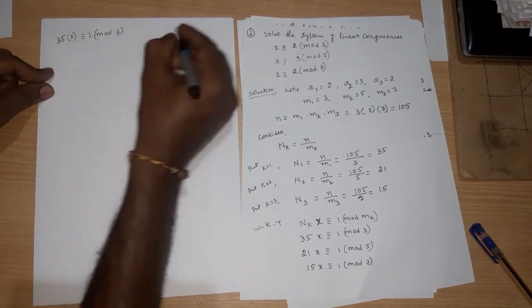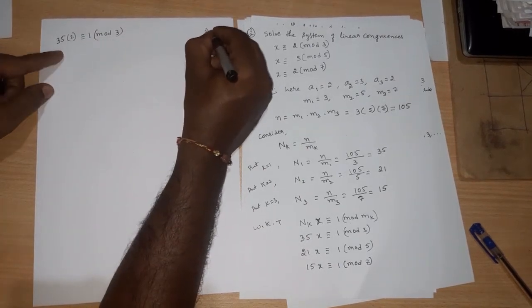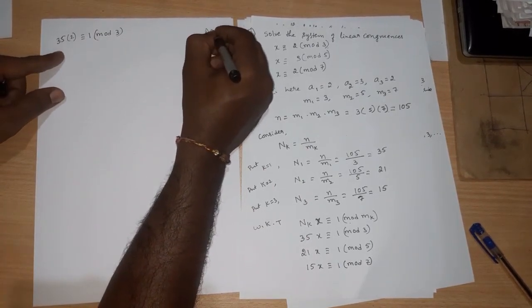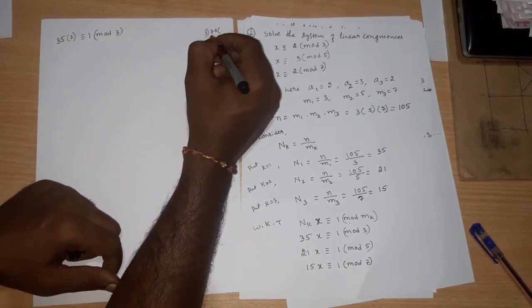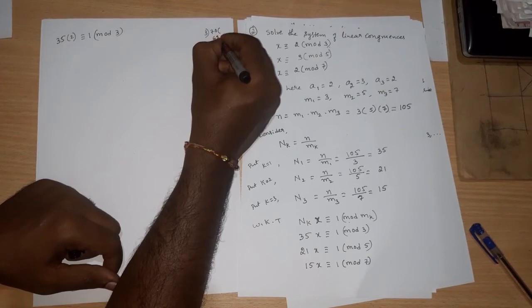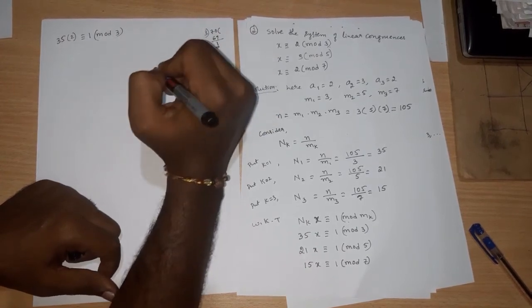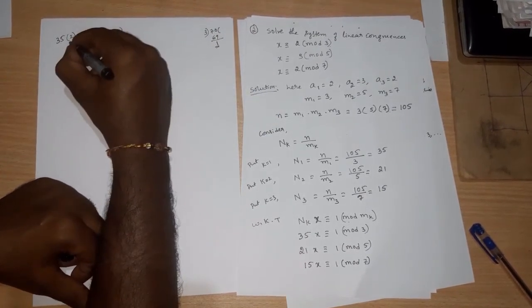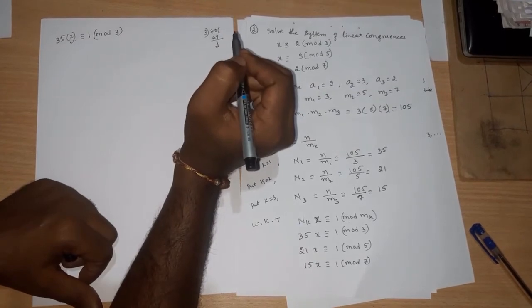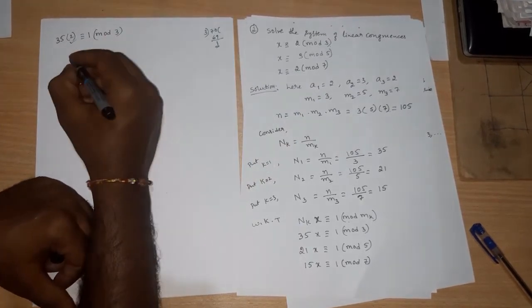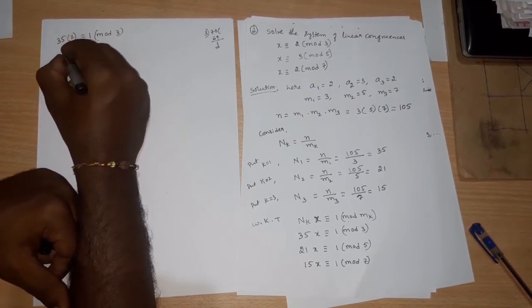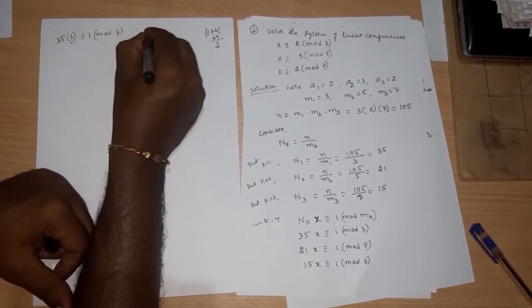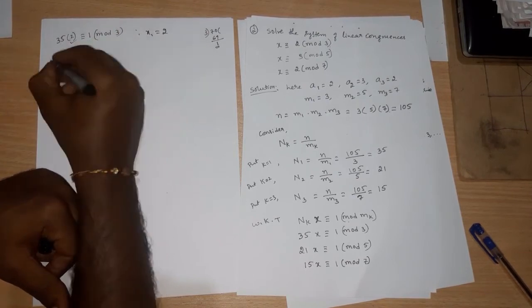If you put x equal to 2, you get 70. If you divide 70 by 3, you get 69 plus remainder 1, so this is satisfied. Therefore x1 equals 2.